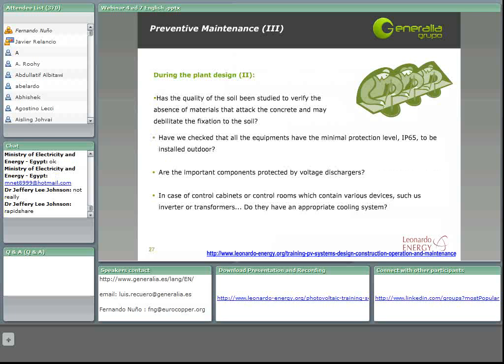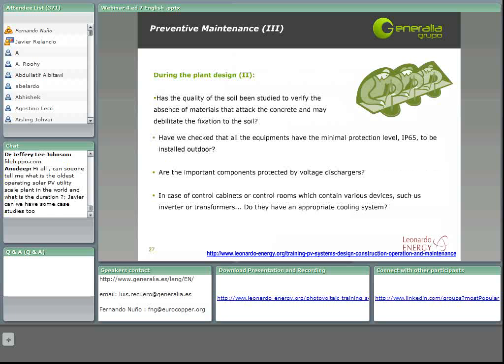Then, the fifth will be checking that all the equipment that is to be installed outdoor has the minimal protection level for outdoor conditions. Normally, this protection level will be IP65.